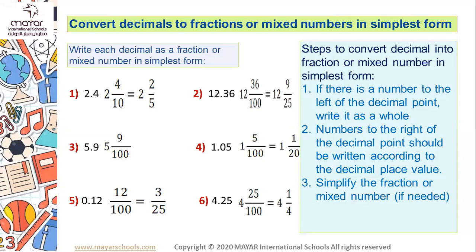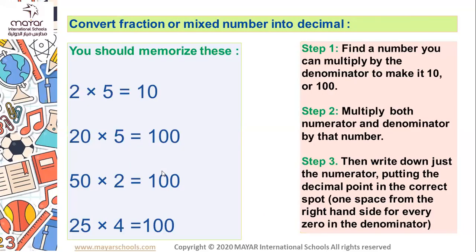Then you divide again by 5 to get 1 out of 4. Now, who said that he didn't understand?